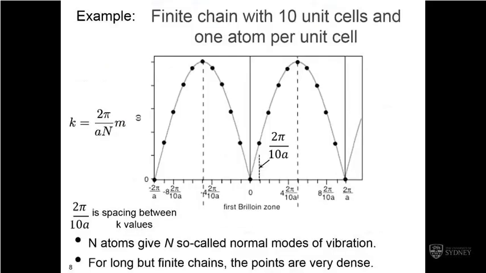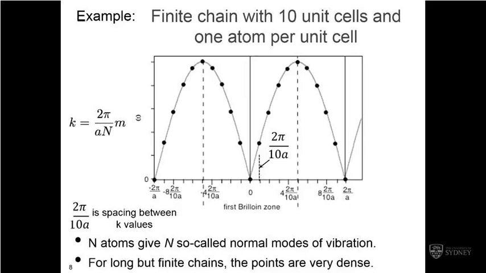This shows an example with 10 unit cells, 1 atom per cell. So in this example, our G vector, the reciprocal lattice vector, goes out to 2 pi before it repeats, and back in the other direction. The Brillouin zone is just that part of interest that repeats only once, this part here.